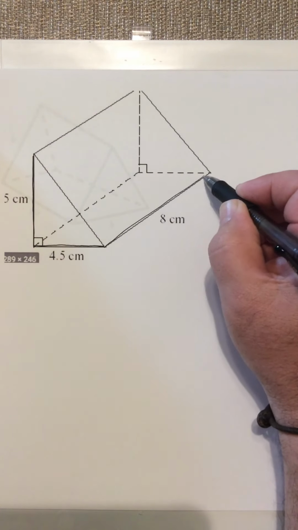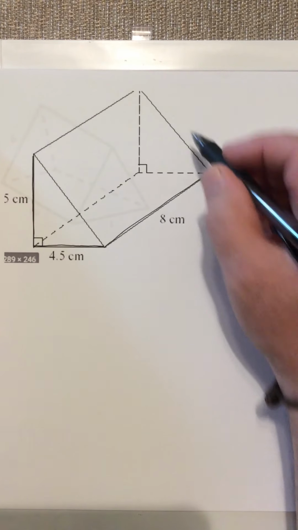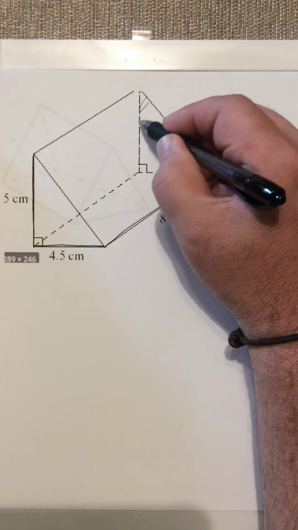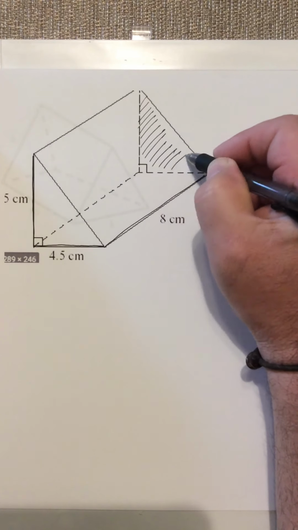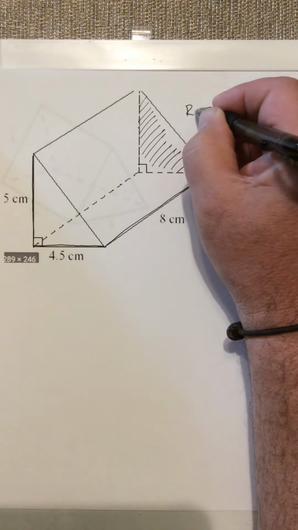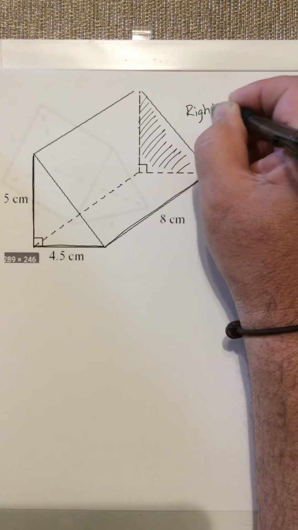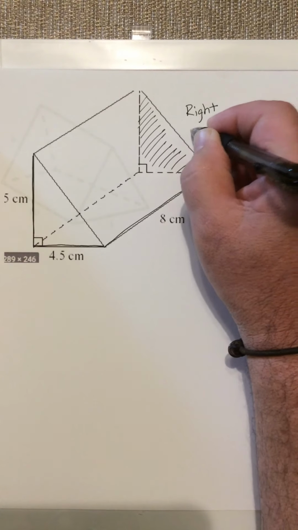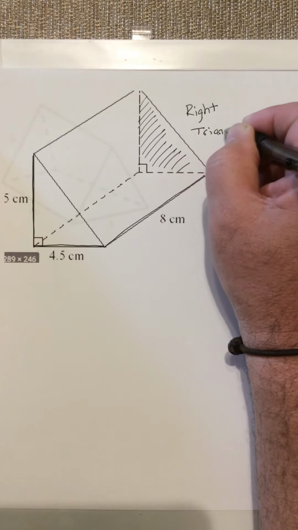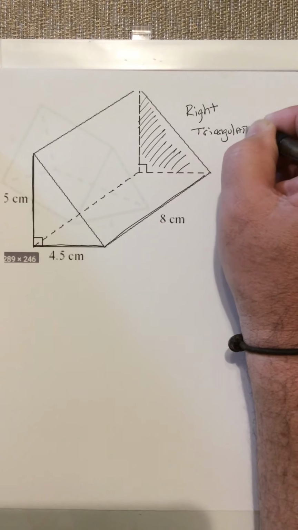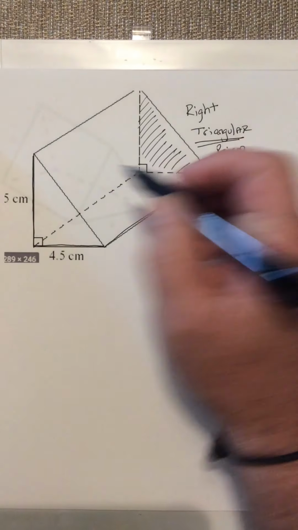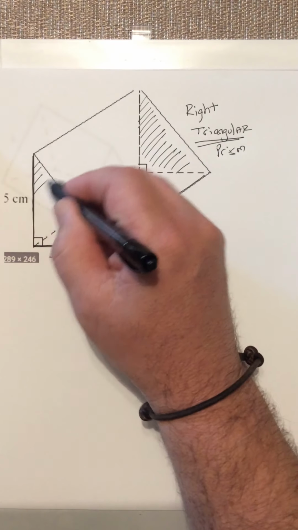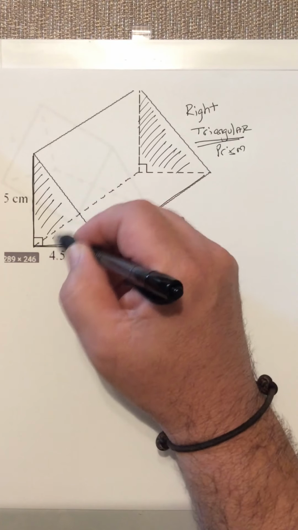And this length as 8. So the bases of this object would be these two triangles. And we kind of know that because it's a right triangular prism. So it says triangular, so that tells us what the bases are. All right, so there are my two bases.